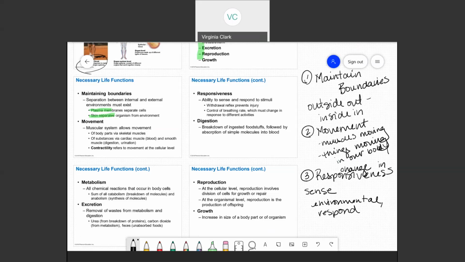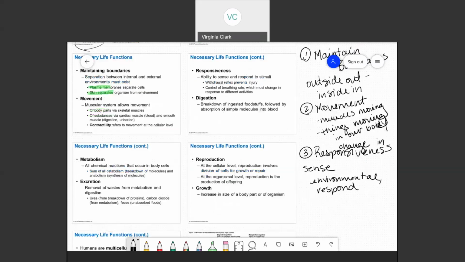Another thing that you are going to need for maintaining life is digestion. Digestion is hopefully a little bit self-explanatory, but this is going to be the breakdown of food. With digestion, you are taking in some sort of food, nutrients, or liquid into your body, and you then follow a process of breaking it down to get the nutrients out of that.